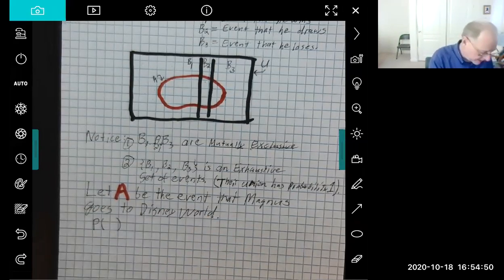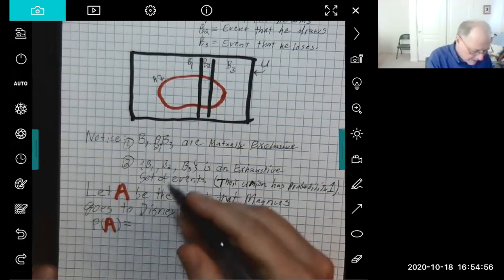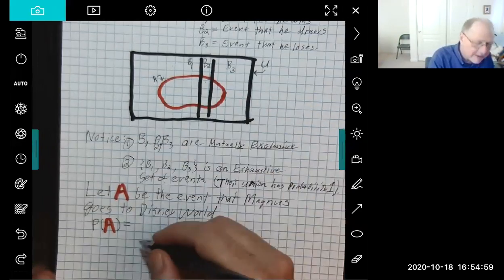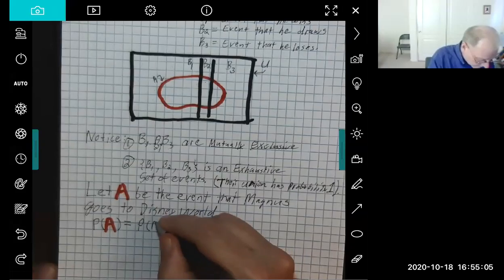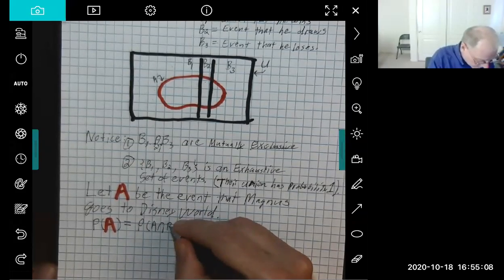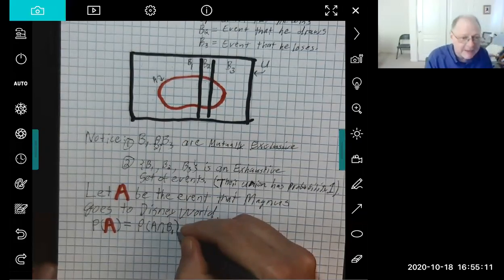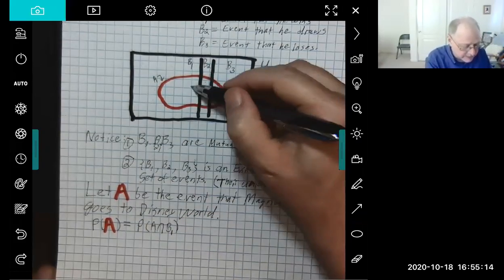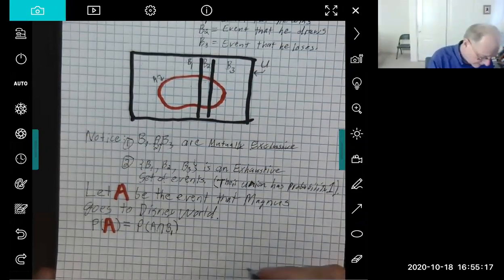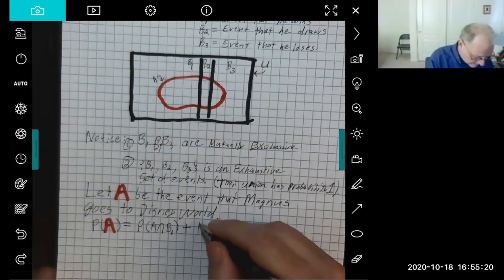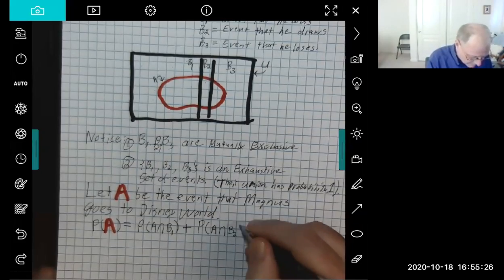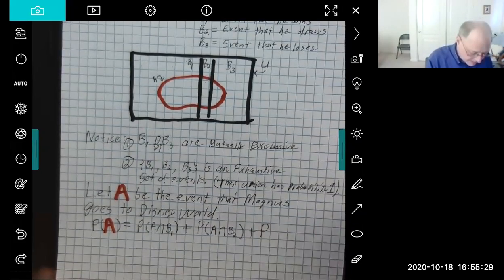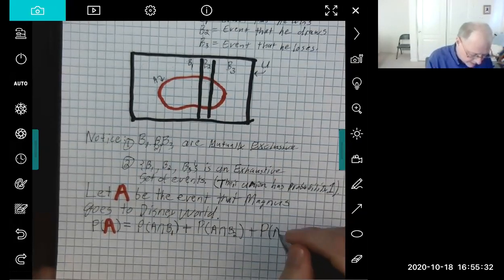The probability of A is the probability that A happens along with B1, so it's the probability that the outcome belongs to the intersection of these two sets, plus the probability of A intersect B2 plus the probability of A intersect B3.